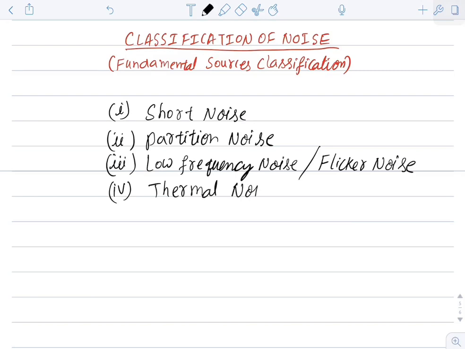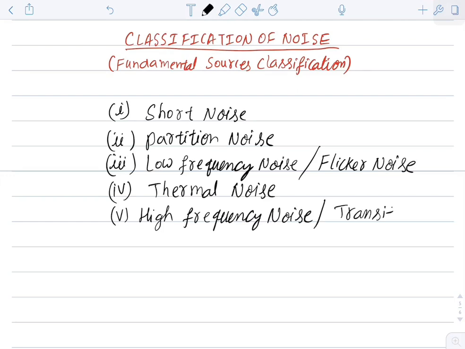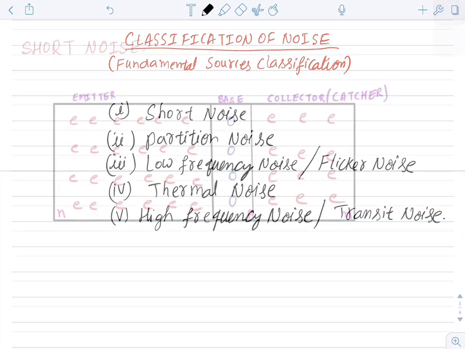Fourth one, thermal noise, which is the most important one in all these types of noises. Fifth one is high frequency noise, or transit noise. So the fundamental sources of noise is classified into these 5 types.